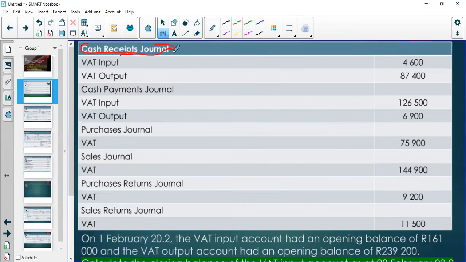Cash receipts means we are receiving cash, right? So how do we get VAT output when we are receiving cash? You need to remember that this is going to be a cash sale. If we make a sale on cash and we receive the payment and we deliver the goods, then we're going to record VAT output from the cash sale.